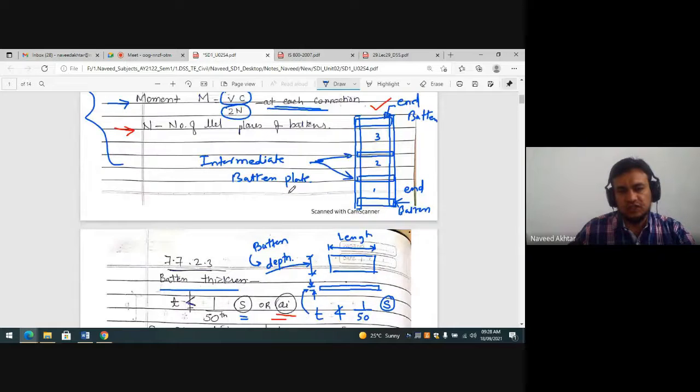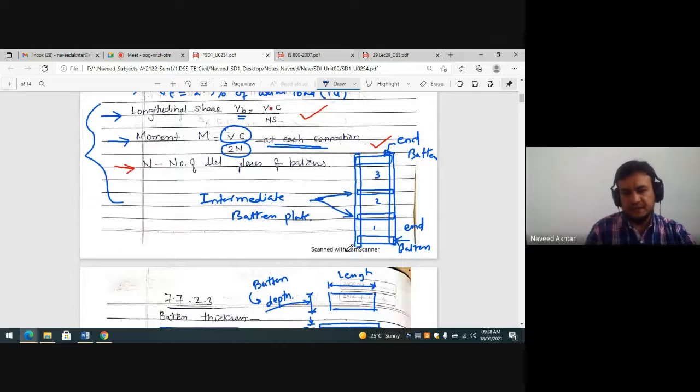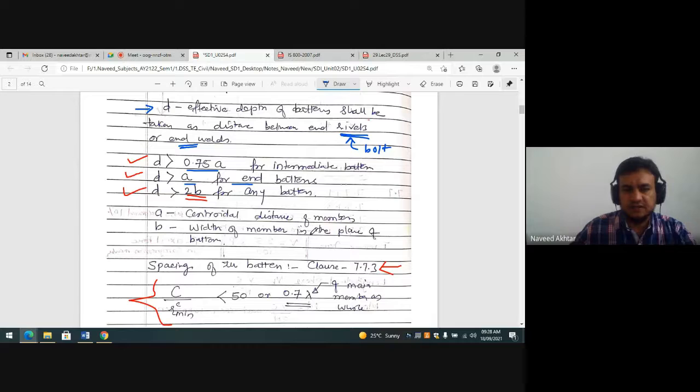What do we call an end batten? I told you earlier, these battens at the ends, I will write down, this one is the end batten, and these two are in between. The battens at the ends are end battens, and those in between the column, from end to end, are called intermediate battens.